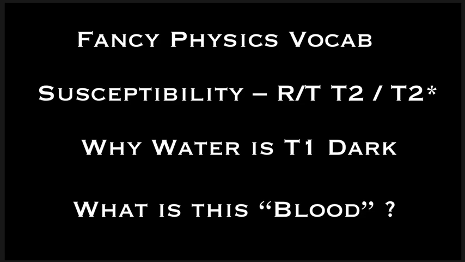Now let's pivot back to this idea of T2 and T2 star. Just as a refresher, we've got our tissue, the magnet's always on, the net vector is aligned with the main magnetic field, and then we strike it with an RF pulse here, and that knocks it down.